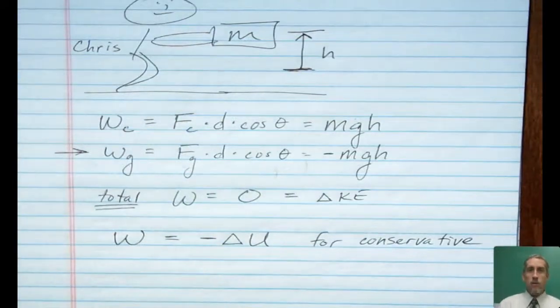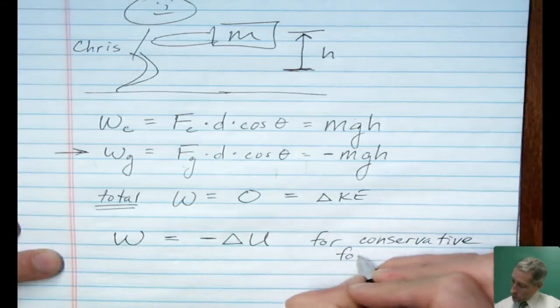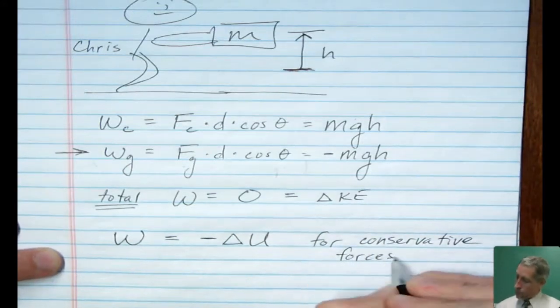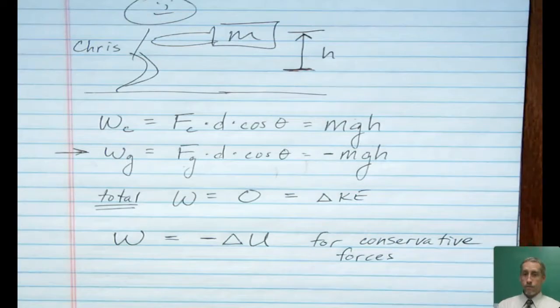This thing was moving nice and fast, and now it's not moving at all. Well, that might be because there's some friction involved, a non-conservative force. So you can't conserve energy with those kinds of forces. So this only holds true for conservative forces.